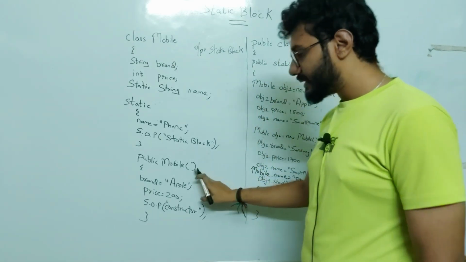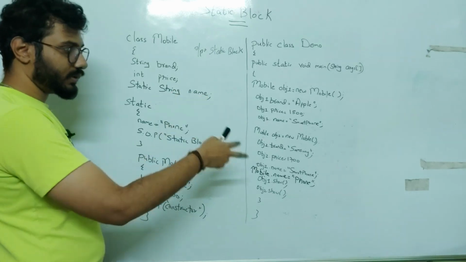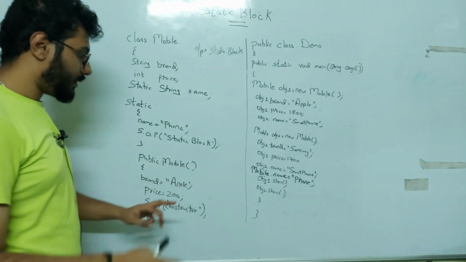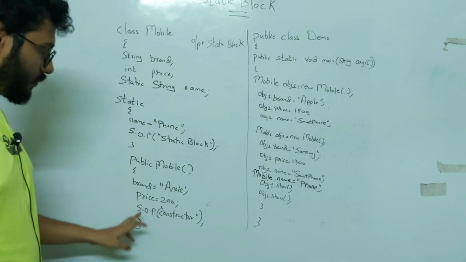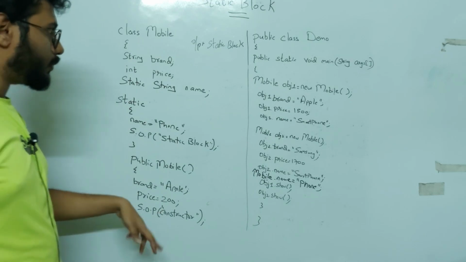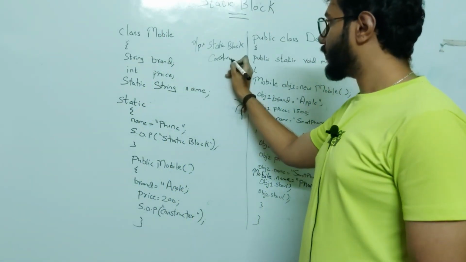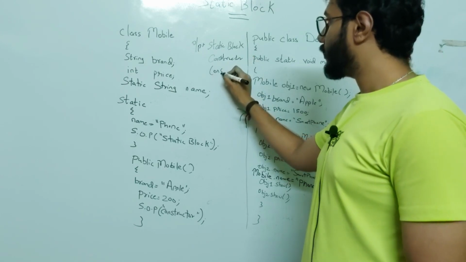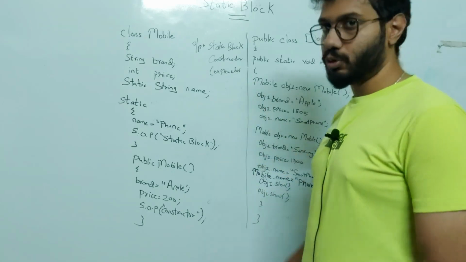And also, since here we have created two objects, two constructors will be called, and those values will be initialized. Since two objects are created, the output will be constructor and constructor. So this will be the output.